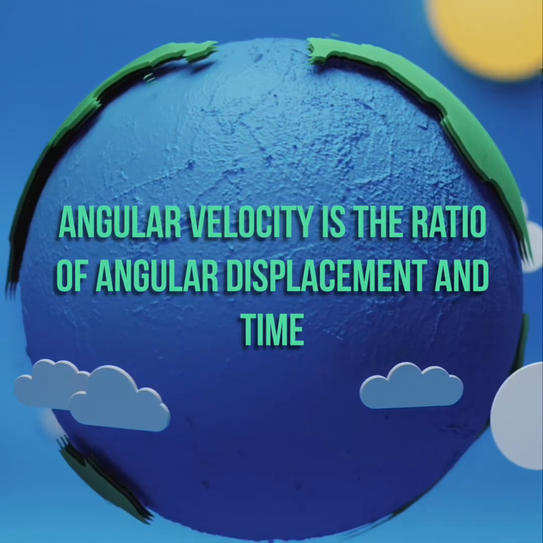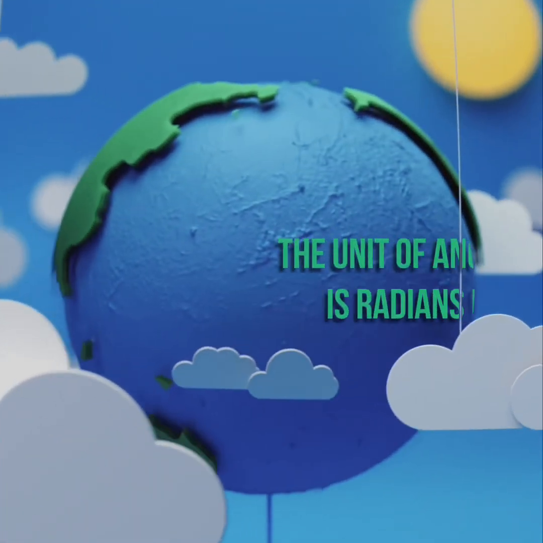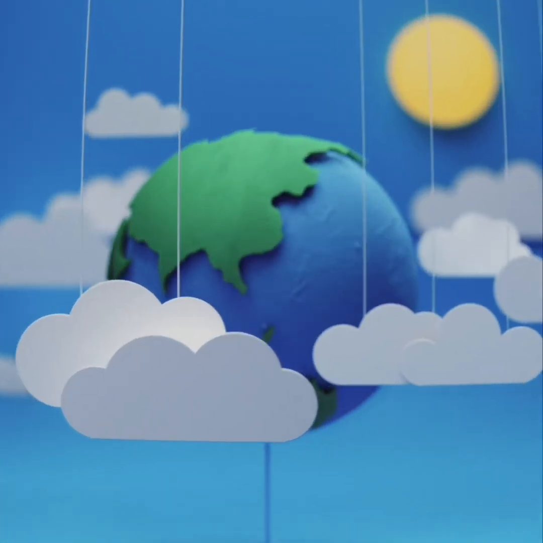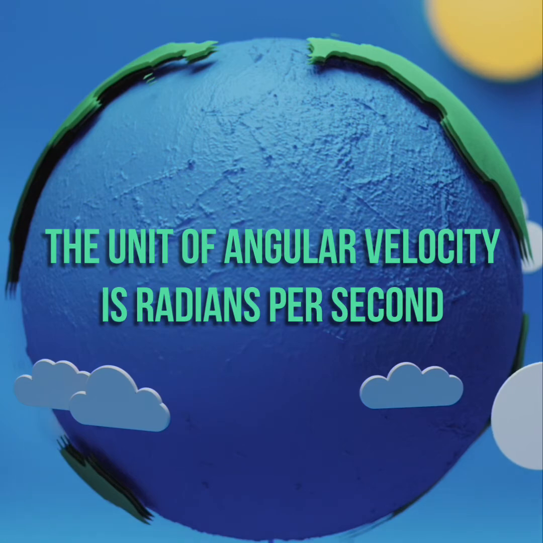Therefore, angular displacement upon time will give you the angular velocity. The unit of velocity is meters per second. The unit of angular velocity is radians per second.